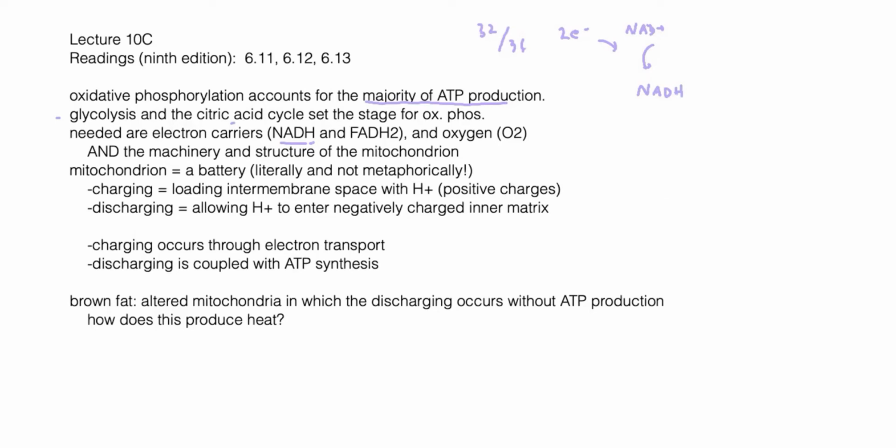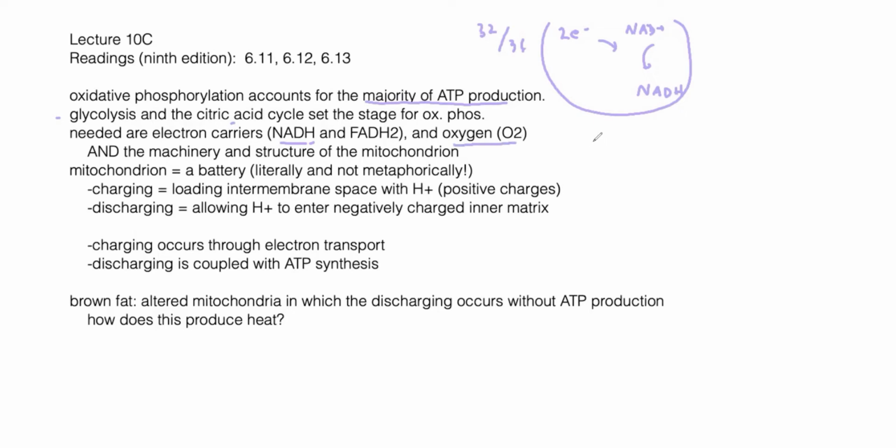And so we went through lots of examples of this in glycolysis and citric acid cycle. Now we have, I think, 10 molecules of NADH, 2 molecules of FADH2, and these are ready to go into the electron transport system, which is the first part of ox-phos.